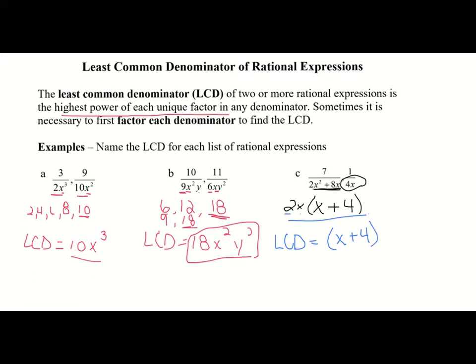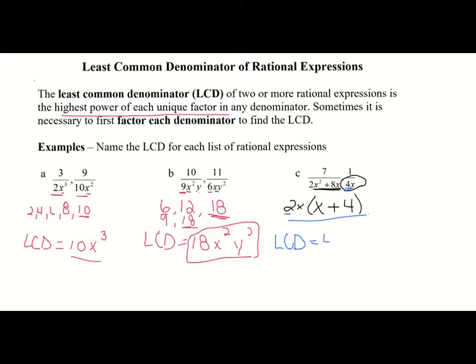Now for 2 and 4, they're both numbers. So what's my least common multiple for those two? And hopefully you're saying, well, I know that if we skip count by 2s, 2 goes to 4. So that's going to give me an LCD of 4. I'm going to move that x plus 4 over.